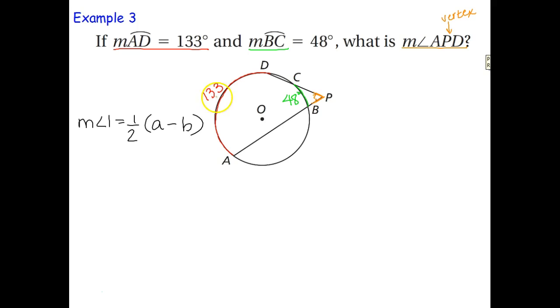So if we start with 133, we can see that 133 is an arc, so it's going to go somewhere in here. And we can see that it's the bigger of the two arcs. So this is going to be 133. We can see that 48 is another arc. And since there's only another place for arcs to go, we're going to put that where B is.